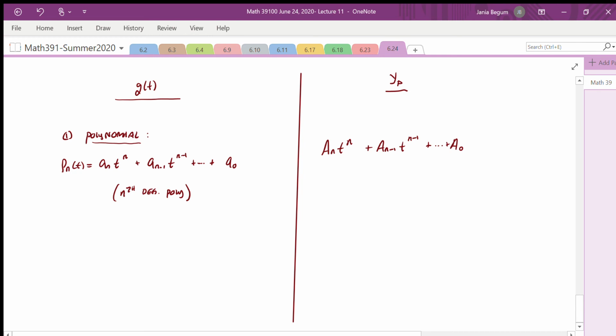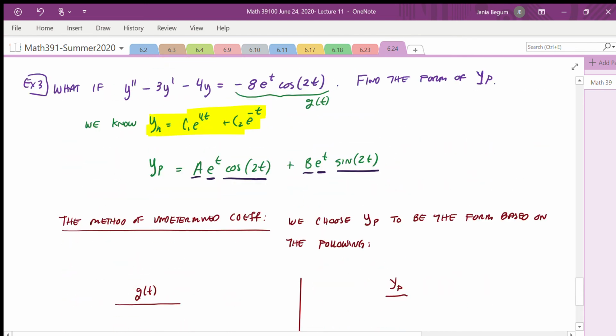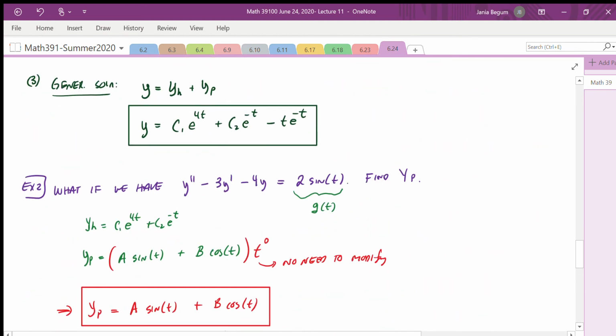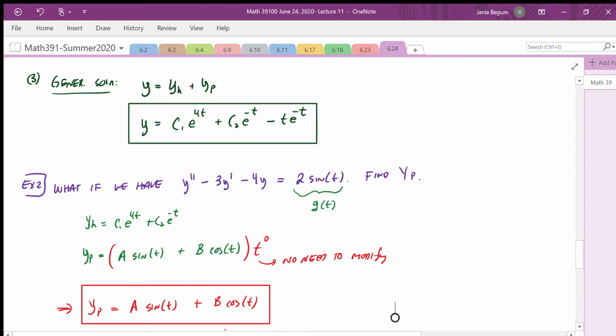Now, if any of these terms repeat in your homogeneous solution, then you multiply this by t to some power s, where s runs from 0, 1, 2, and so on. For example, in the earlier one I put t to the 0th power, meaning s is 0, so I don't need any t to modify the particular solution.